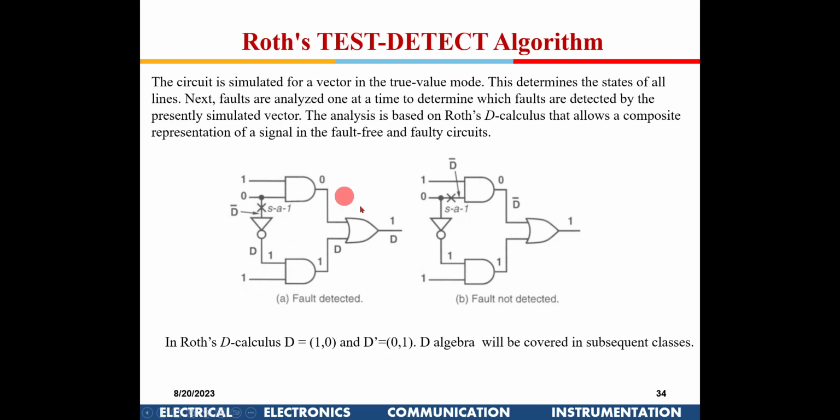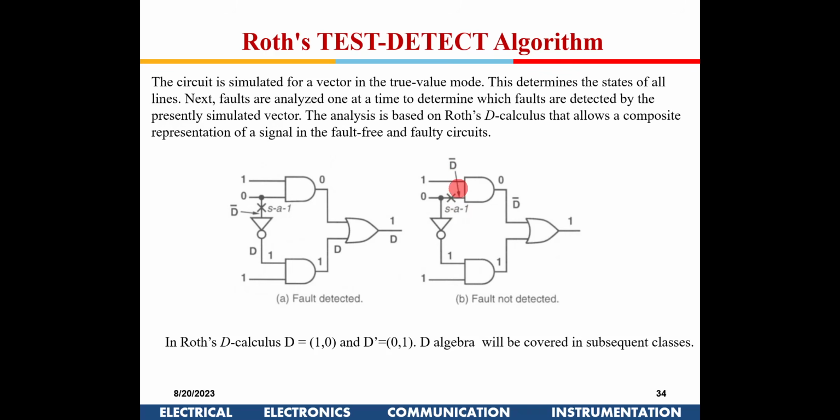So when I do the simulation, if I am getting D out here or a D bar here for a fault here, that means I can detect this particular fault. This is how Roth's algorithm calculus works. Suppose there is a fault here which is stuck at 1, so this will be D bar.